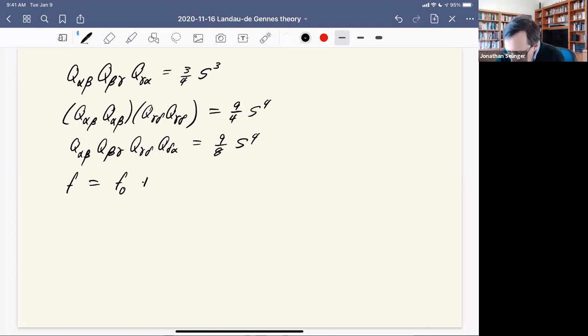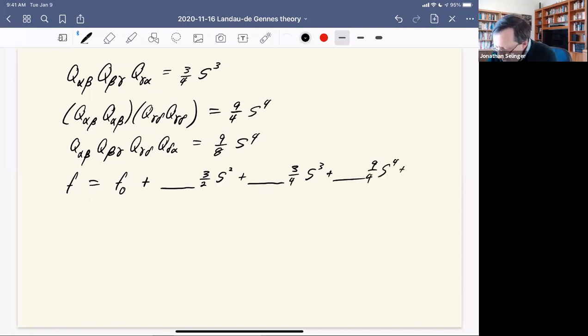Then there is a 2nd order term, which could be written as blank times 3/2 s squared, plus the cubic term, which is blank times 3/4 s cubed, plus another blank times 9/4 s to the 4th, plus another blank times 9/8 s to the 4th.